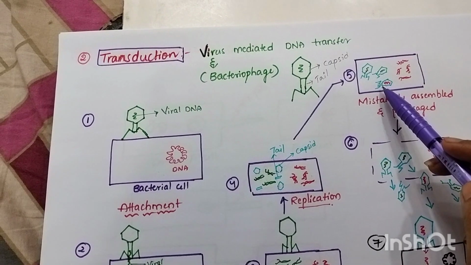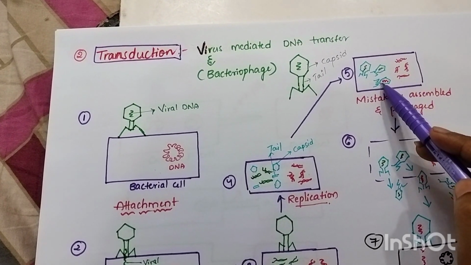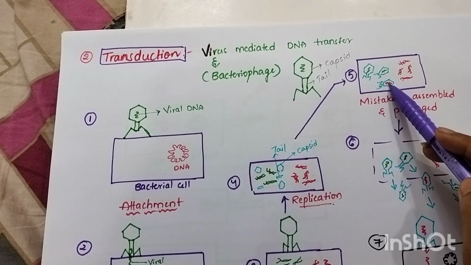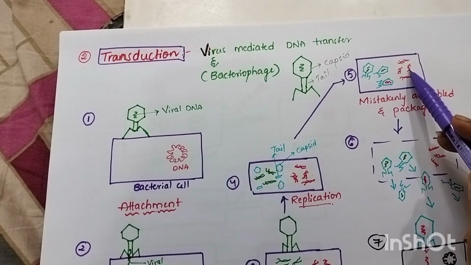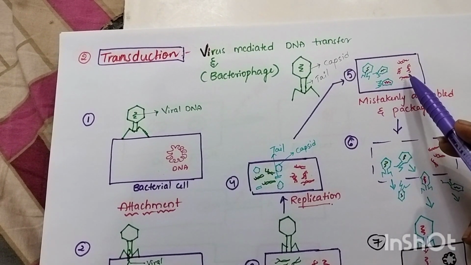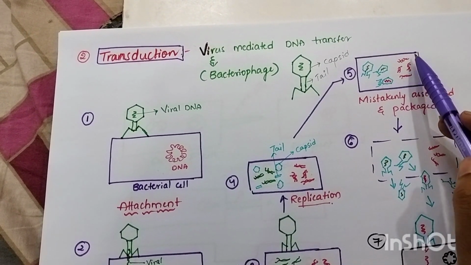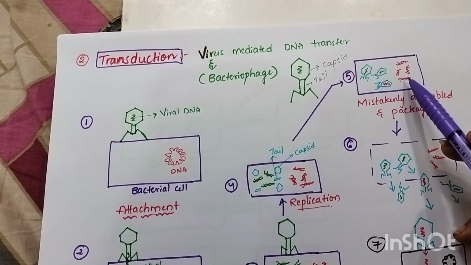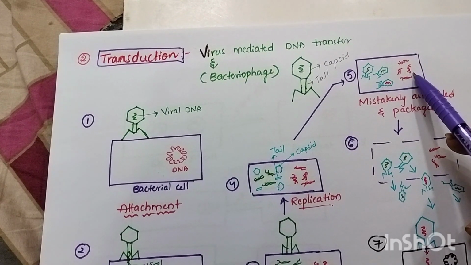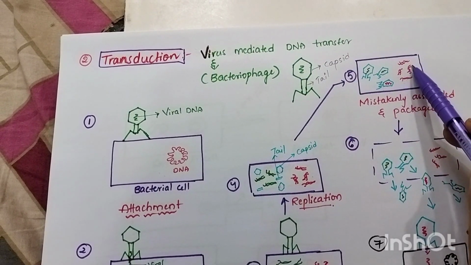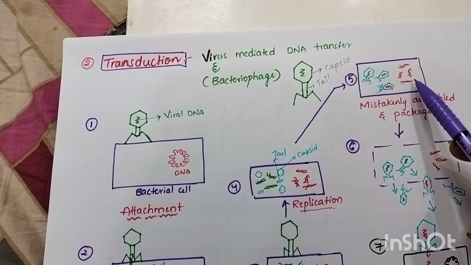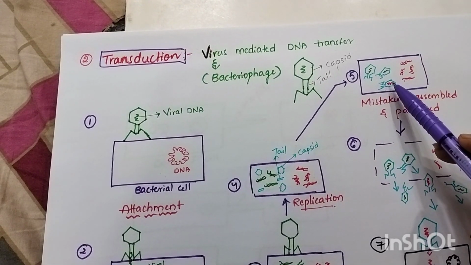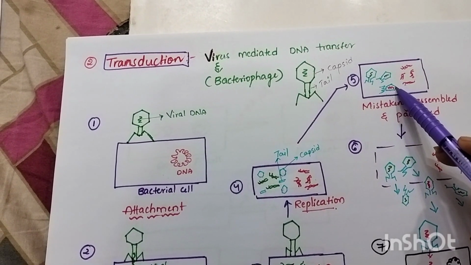But here, if you can see, this is a bacteriophage, but it does not have its own viral DNA. This bacteriophage has the bacterial host genetic material inside. What happens is, these bacterial genetic material fragments are mistakenly assembled into this bacteriophage body.